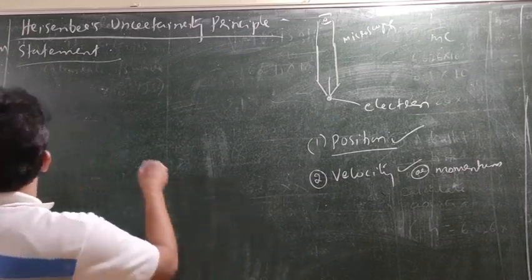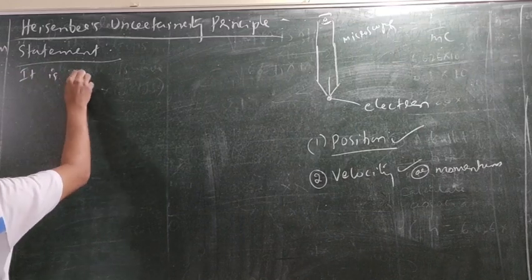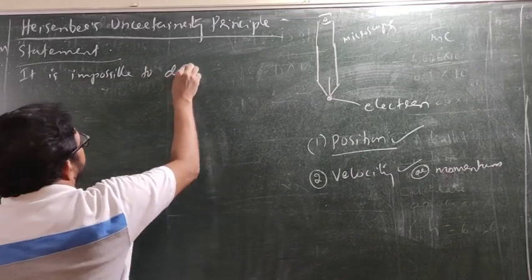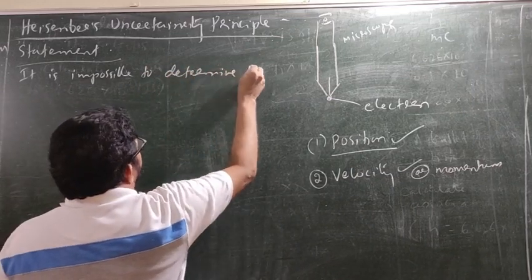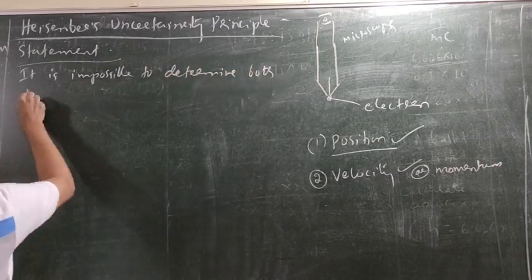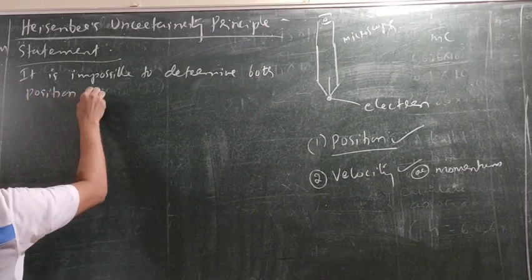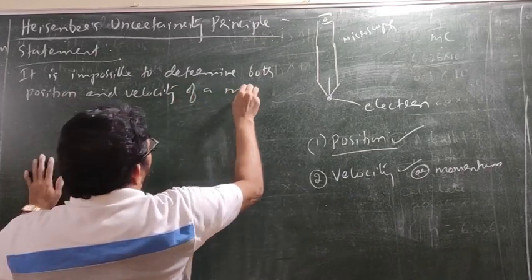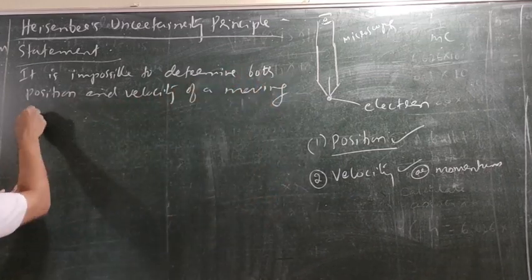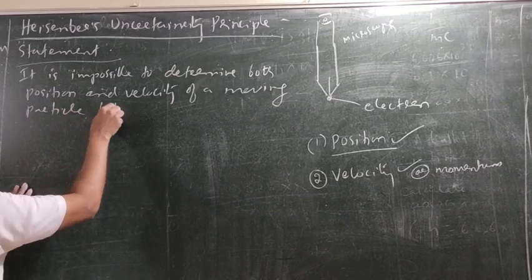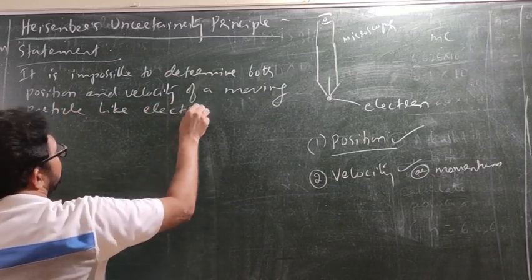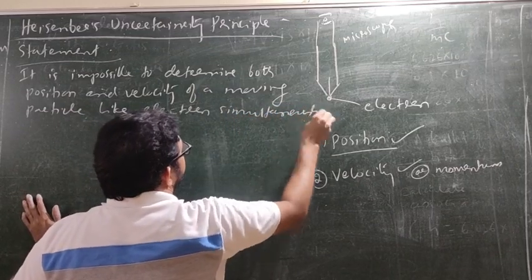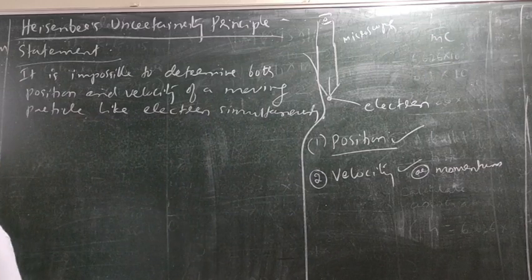I will write this. It is impossible to determine both position and velocity of a moving particle like electron simultaneously.